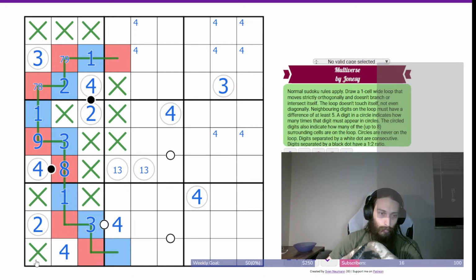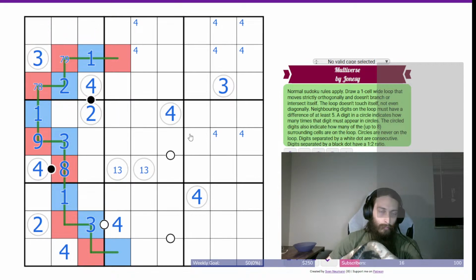It's going to be too much. These are going to have to be a 9 here and an 8 here.